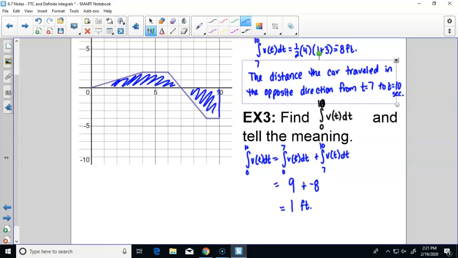It went 9 feet in one direction and 8 feet in the other direction. So that would be 17 feet, right? So the car traveled 17 feet. But we got 1 is the answer for our interval here, right?